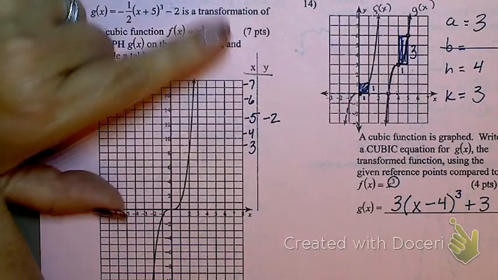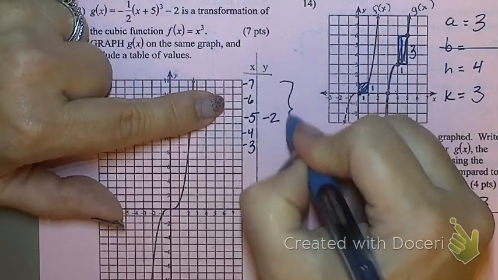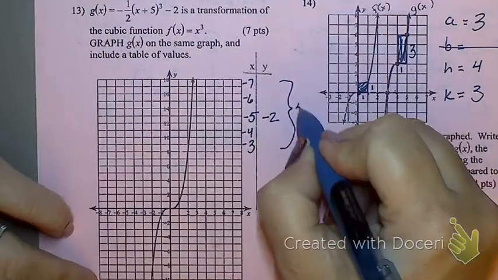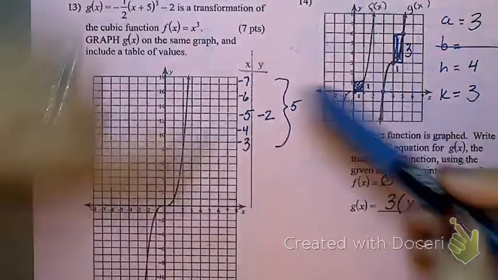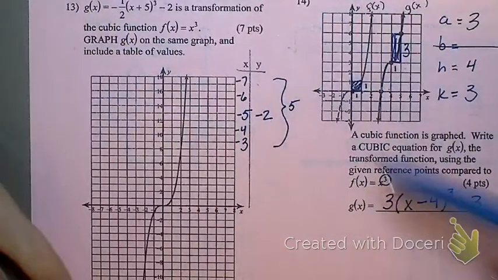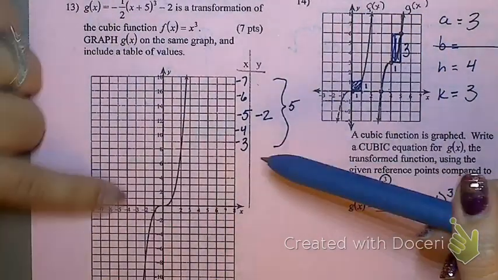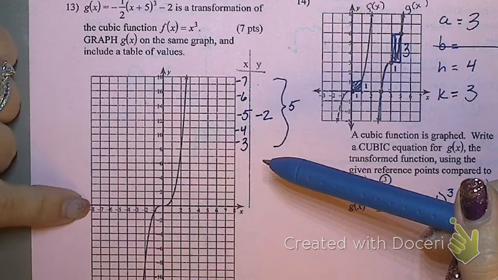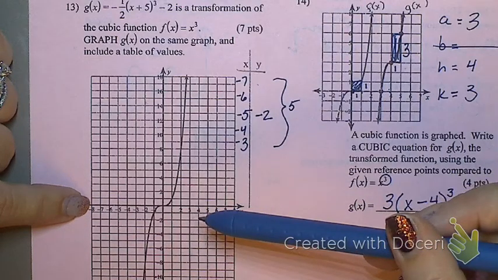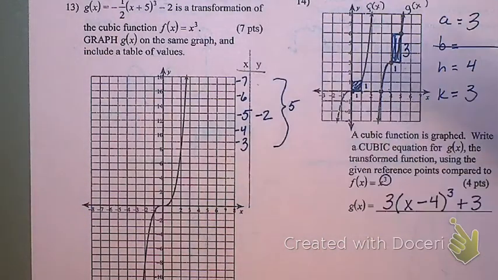By the way, of the 7 points, this was 5 of those points, because I wanted to know that you had the XY table set up. Once you have the XY table set up, the graph itself doesn't need to be worth very much because it's just a matter of plotting points and connecting dots, right? This is where it's important.